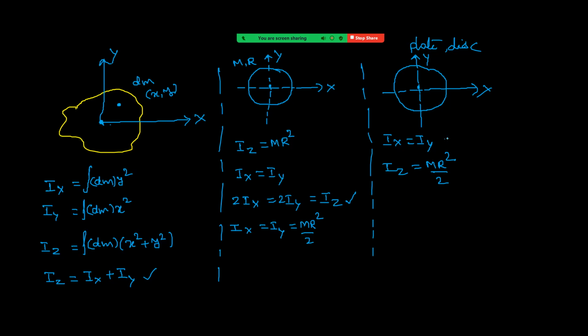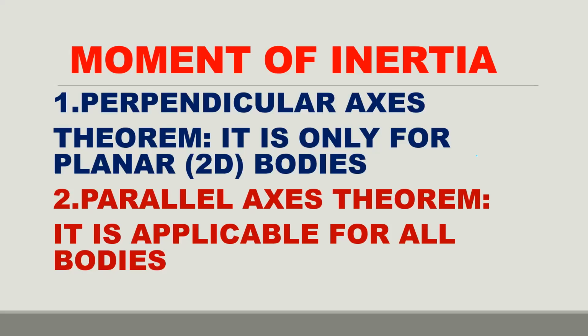That means Ix equal to Iy, that is equal to mr square by 4. That means for a uniform disk or for a circular plate about any diameter, moment of inertia is mr square by 4. Like this we can apply. Okay.